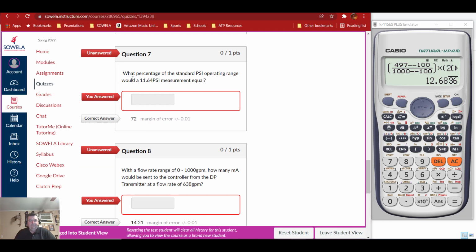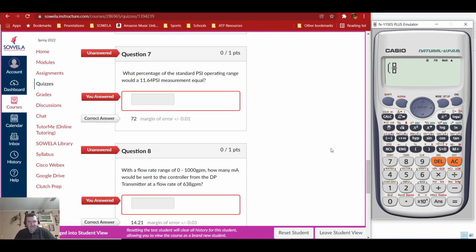Question number 7. What percentage of the standard PSI operating range would a 11.64 PSI measurement equal? So we're looking for percentage, so we're going to say open, over, under.